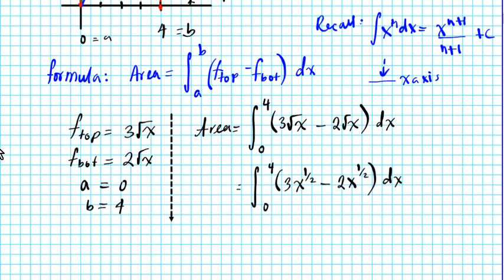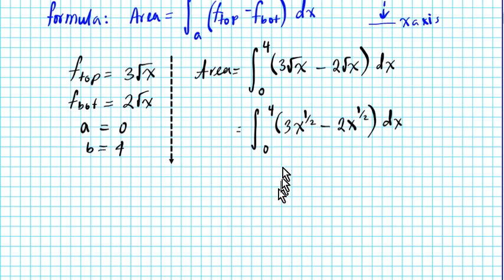If we apply it, we're going to have brackets. Now, as soon as you integrate, this integral sign is gone. So this becomes 3x to the 1/2 plus 1. But I'm going to write 1 as an equivalent fraction with denominator 2, which is 2 over 2. And then that divided by 1/2 plus 1, which is 2 over 2 also.